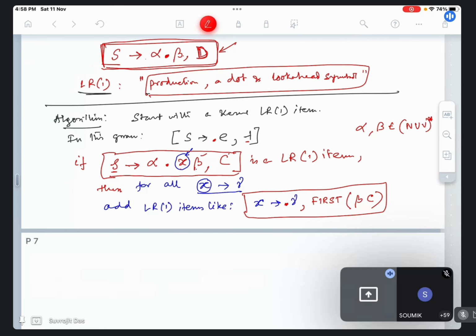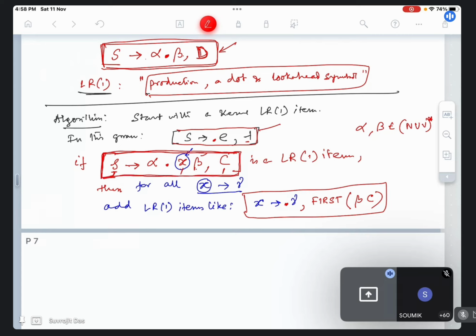So everything is the same, don't worry. X is a non-terminal, S is a non-terminal, and C is a look-ahead symbol. For example, this is the kernel LR1 item. So you begin with the kernel LR1 item. Now the kernel item is generally a single item.